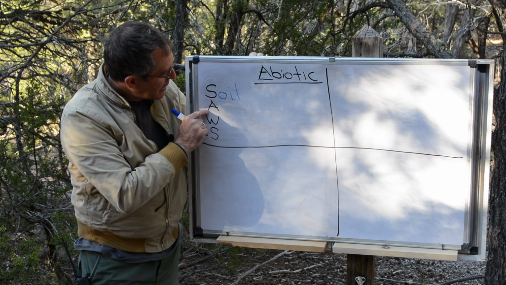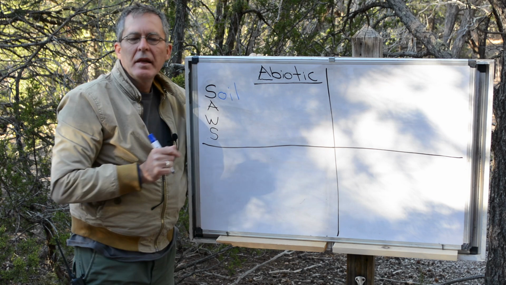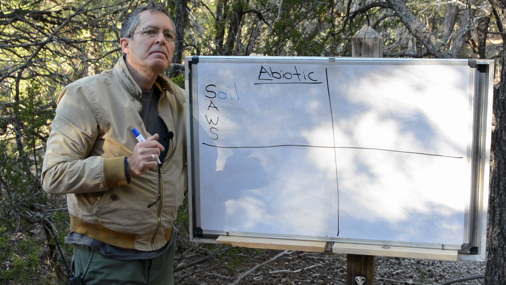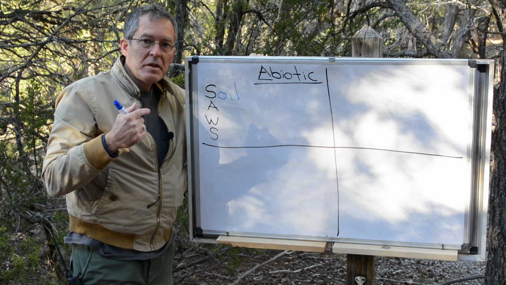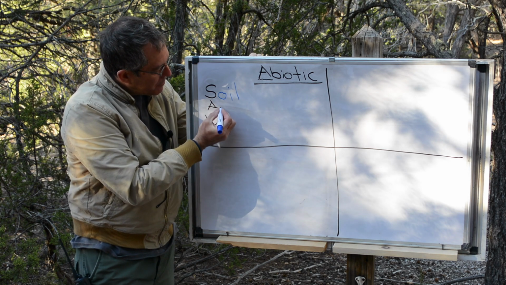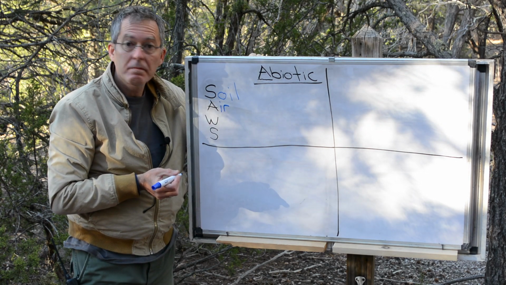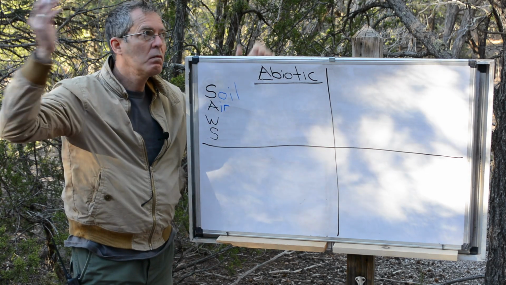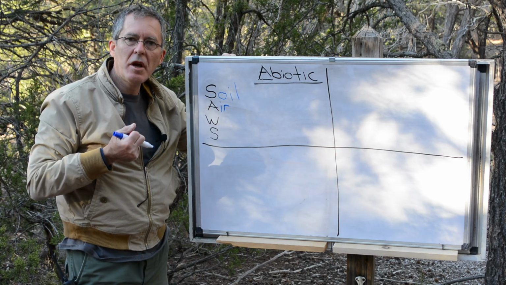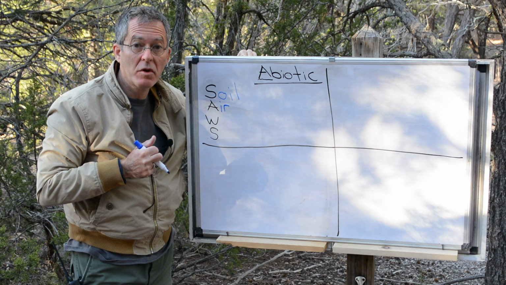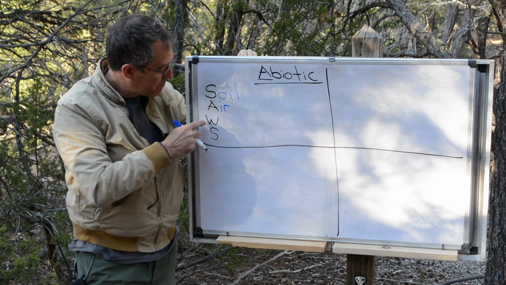Alright, that A. If you remember from that other lesson, I had you take a deep breath in. Remember what it was? Yeah, air. Air's not alive. There's life in the air. I'm in the air. Birds fly through the air. But the air itself is not alive, which means it can also never die.